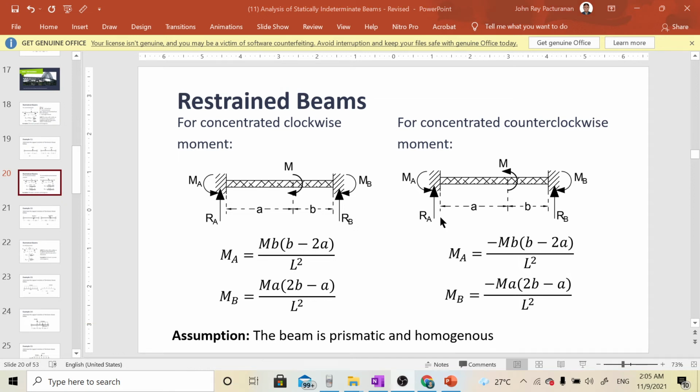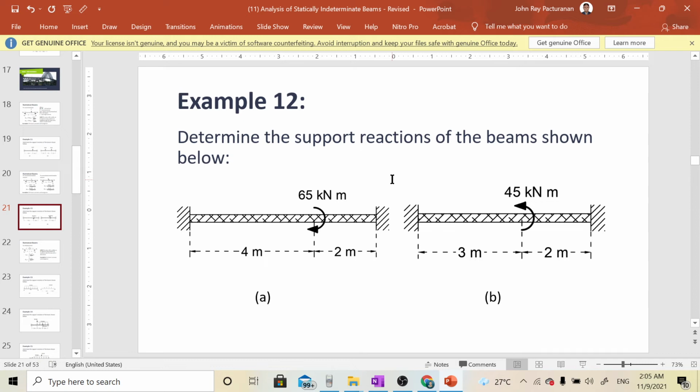Okay, so let's use this formula class by solving this problem, no? So for example, number 12 na nakikita nyo, ang problem is simply to determine nga the support reactions of the beam shown. So yung pinagkaiba lang, yung beam A, 65 kilonewton meter na clockwise, while the other one is a 45 kilonewton meter na counterclockwise.